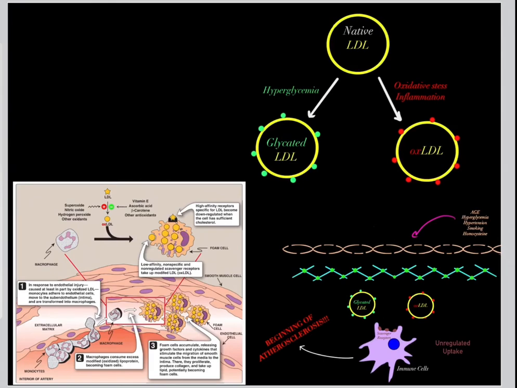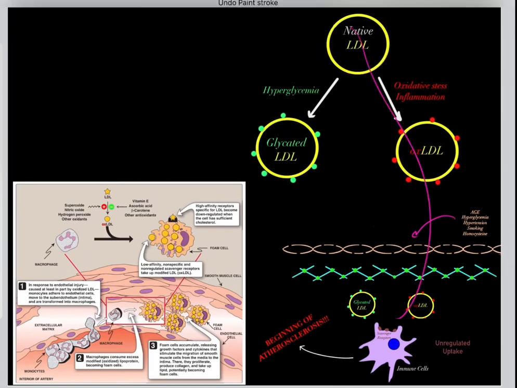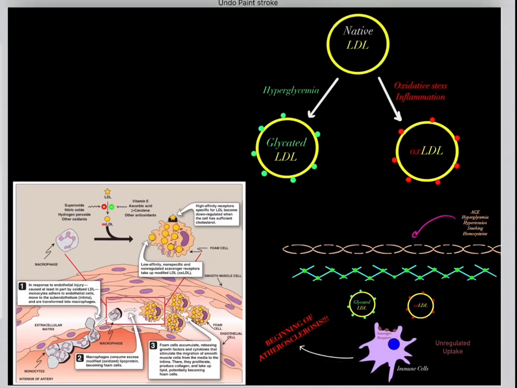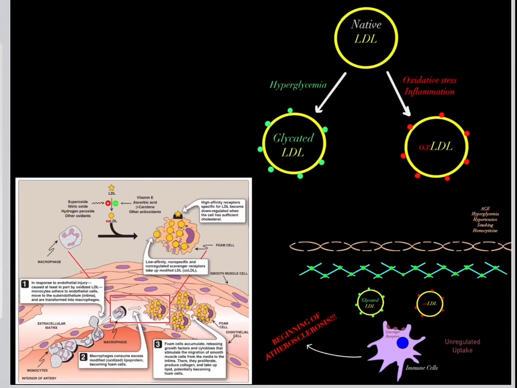Because again, it's not native LDL that leads to this process of atherosclerosis, it's primarily oxidized LDL. So this is the beginning of atherosclerosis. And also, once these immune cells take up these modified LDL particles, that also triggers more inflammation in the arterial wall. And this is a key marker for atherosclerosis.